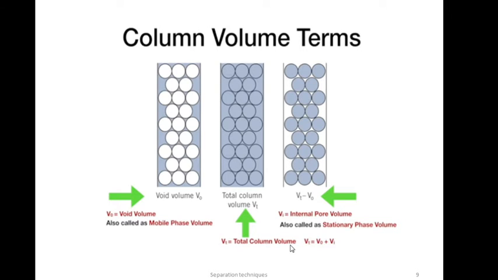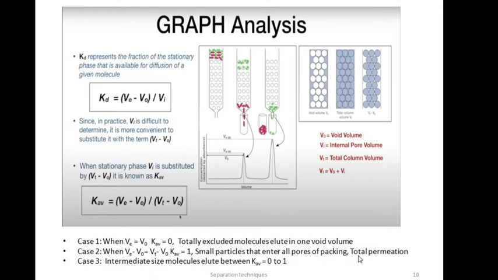So total column volume Vt is given by V0 plus Vi. Vi is nothing but Vt minus V0. So this is how it is. Vt is equal to V0 plus Vi.